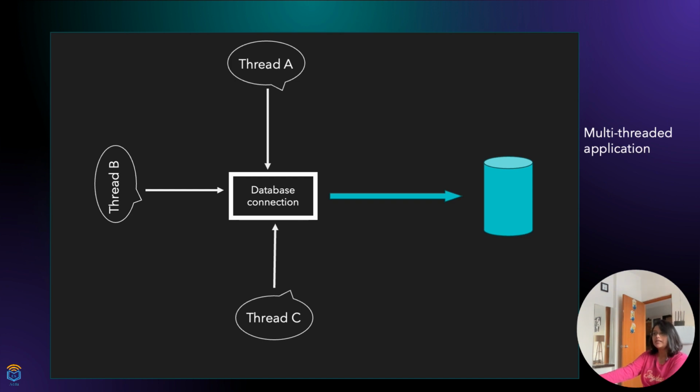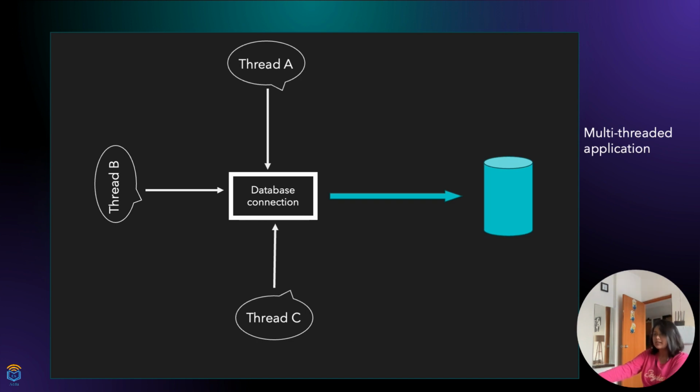But can you tell me what is the problem in this design? There is a flaw in this design. The flaw is that suppose thread A and thread B try to access the database at the same time, say at T0, and at T0 there is no database connection present.